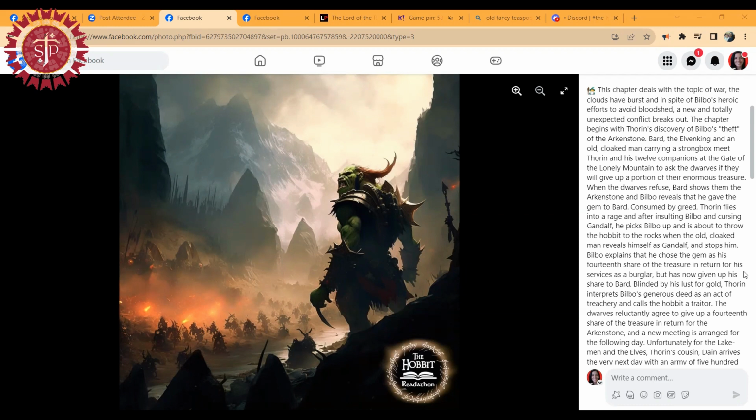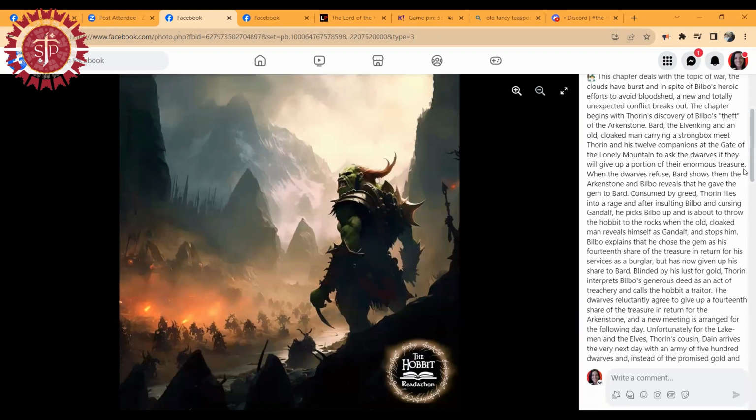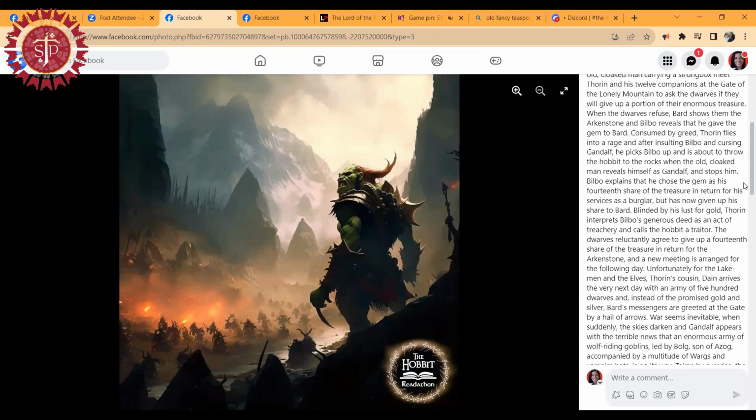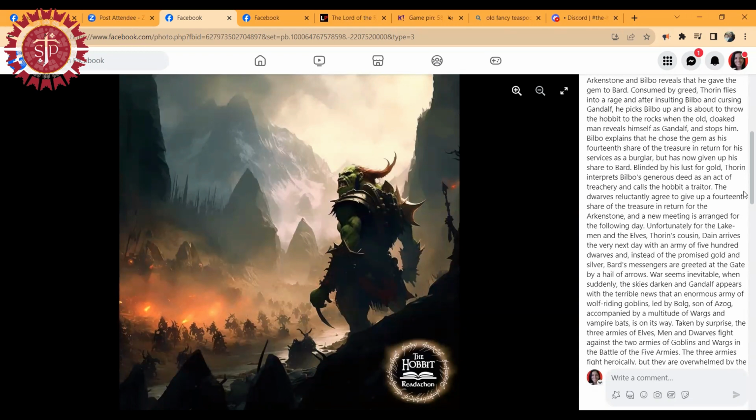Blinded by his lust for gold, Thorin interprets Bilbo's generous deed as an act of treachery and calls the Hobbit a traitor. The dwarves reluctantly agree to give up a 14th share of the treasure in return for the Arkenstone, and a new meeting is arranged for the following day.